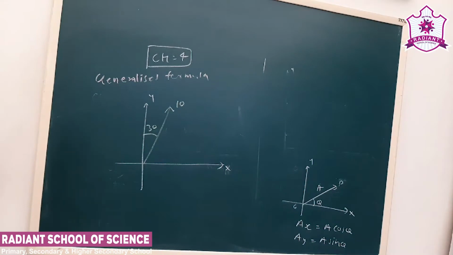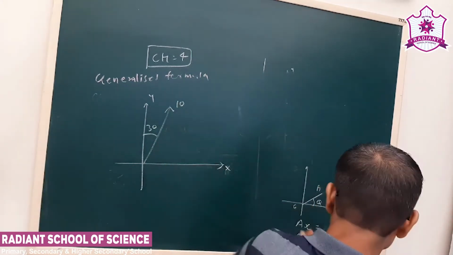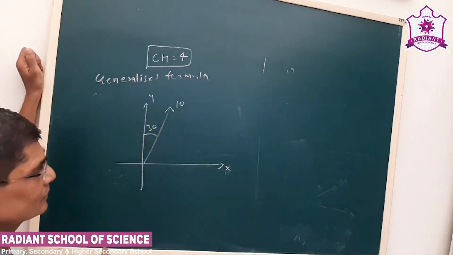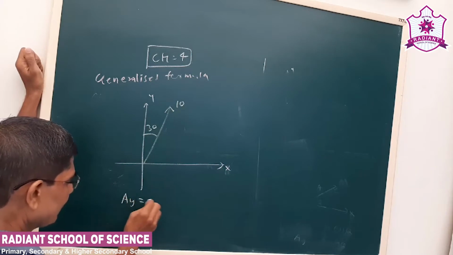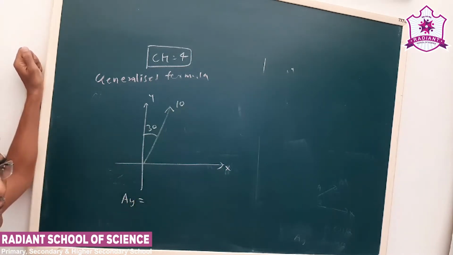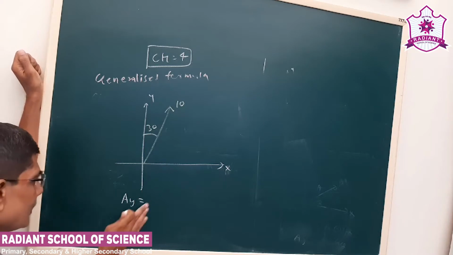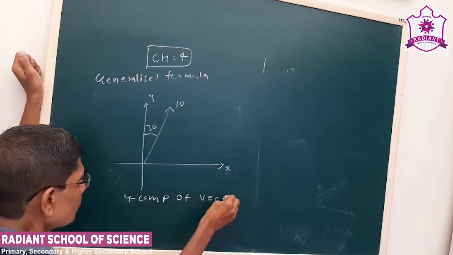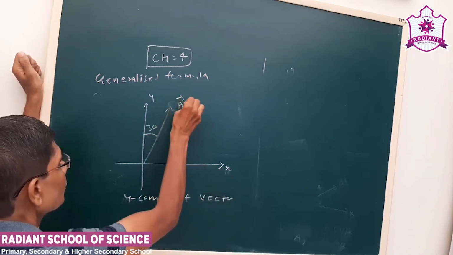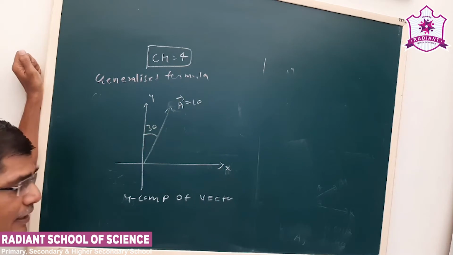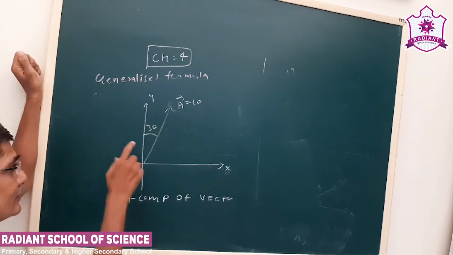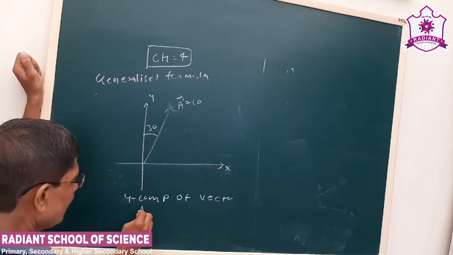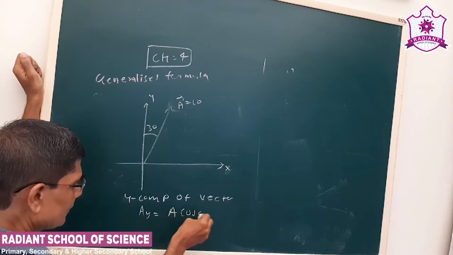So in that case, this method will be easy. Now this is our y-axis. First I find out AY, by the definition. The angle is with the y-axis, so AY is equal to A cos theta.